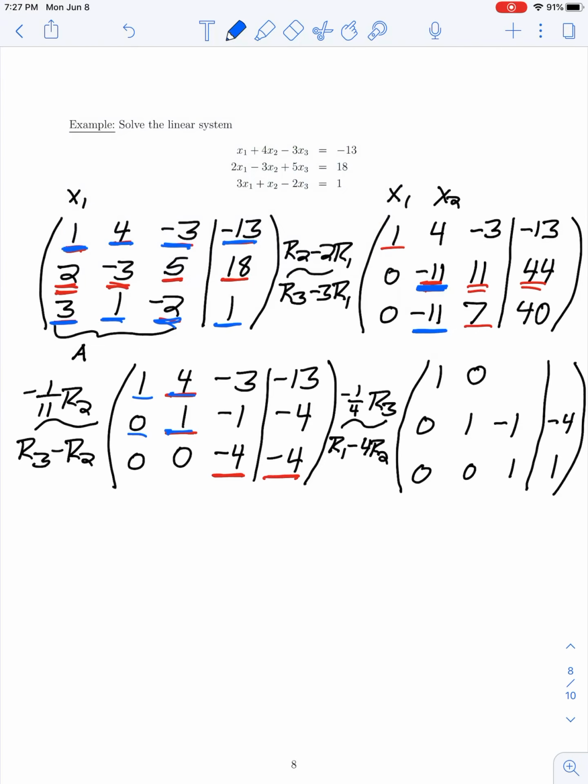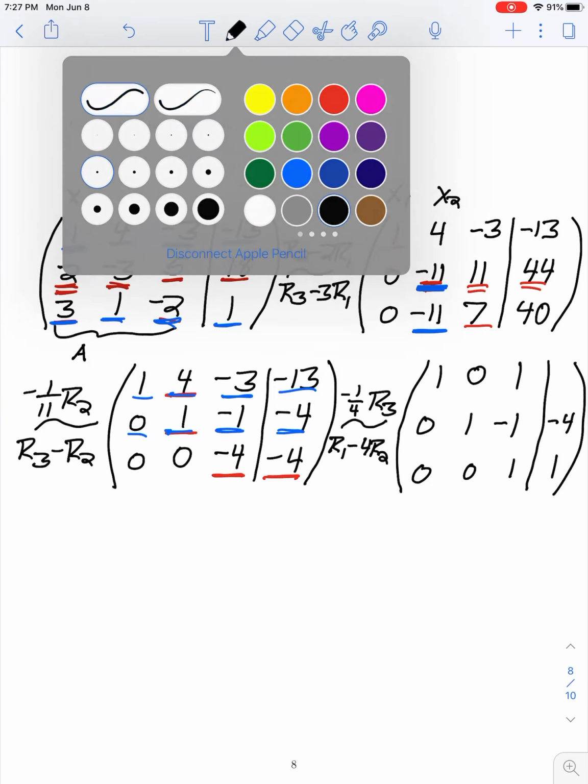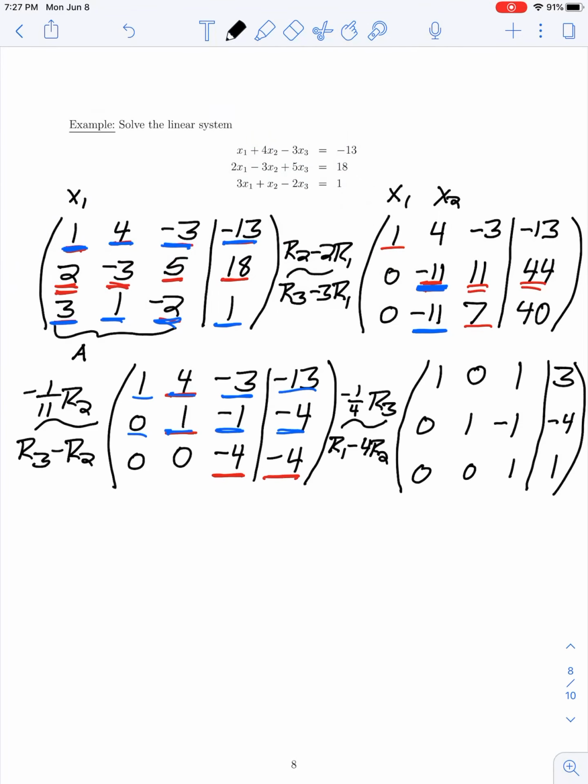And then taking our second row times a negative 4, we have a positive 4 minus 3 leaves us with a 1 here. And performing that same operation on the constants on the right-hand side, we have a negative 4 times negative 4 is positive 16. Adding that to our negative 13, we have a positive 3.